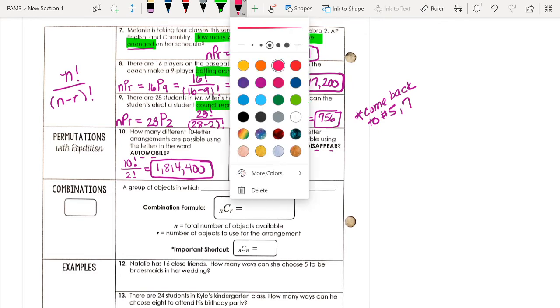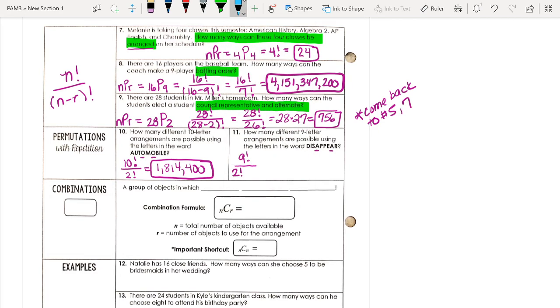Let's go sky blue. Let's look and see what other letter repeats itself. It looks like P repeats itself. How many times? Twice. So I divide by 2 factorial.